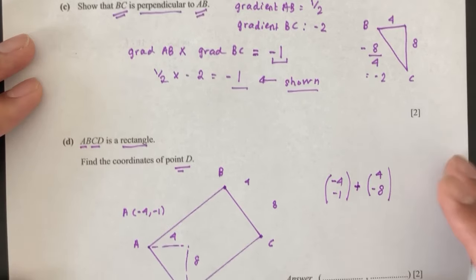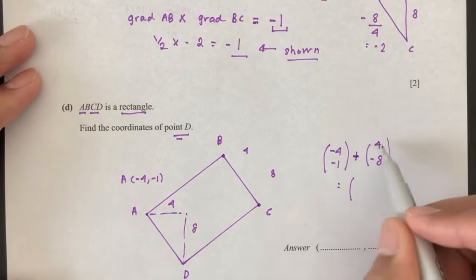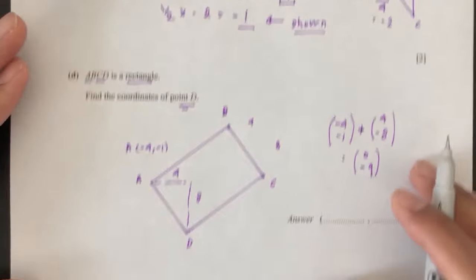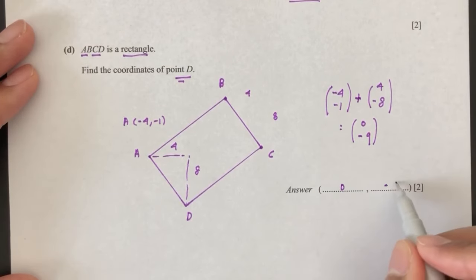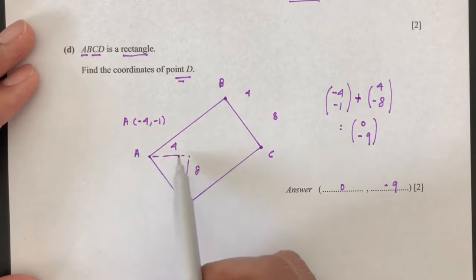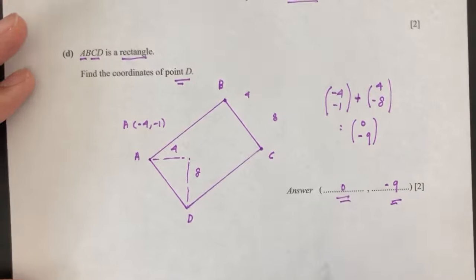Going down will be minus 8, right? So let's find out what is the point D. That will be (0, -9). So that is your point D. From point A, you have to move 4 to the right and 8 down. You will get the point D as (0, -9).